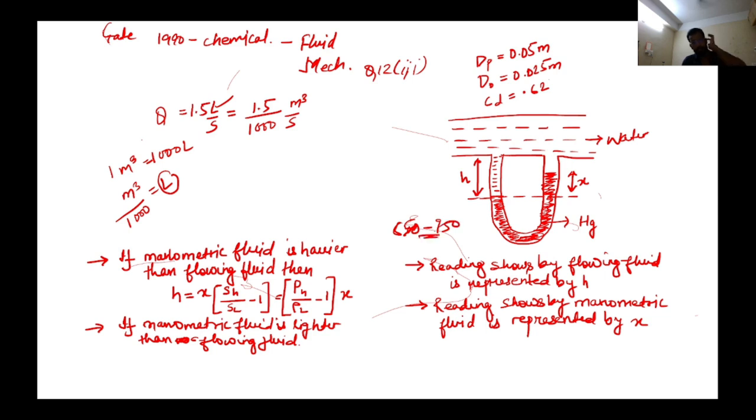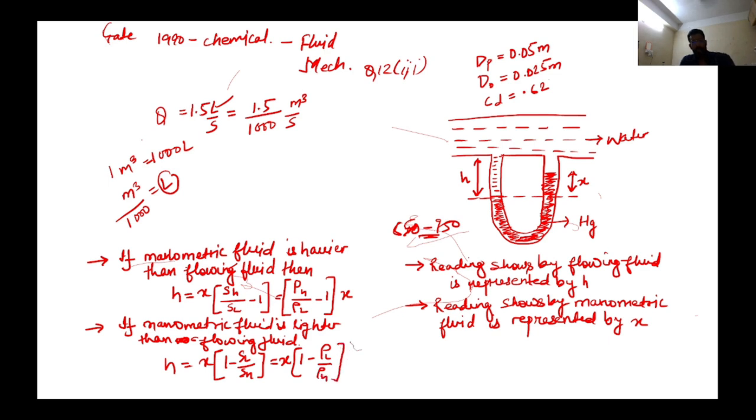So water is flowing inside the pipe, and alcohol is the manometric fluid. Then we will use this formula: h is equal to x into 1 minus S lighter upon S heavier, which is x into 1 minus density of lighter upon density of heavier.